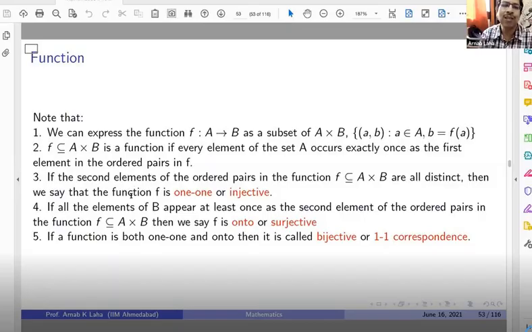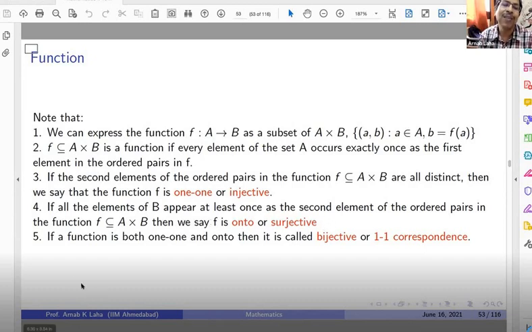To summarize, if the second elements of the ordered pairs in the function f are all distinct, then we say that the function is one-one or injective. If all the elements of B appear at least once as the second element of the ordered pairs in the function f, which is a subset of A cross B, then we say that f is onto or surjective.